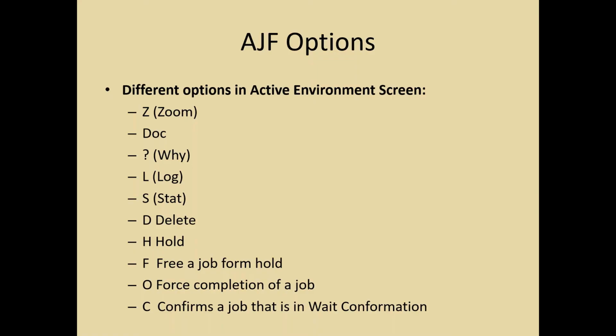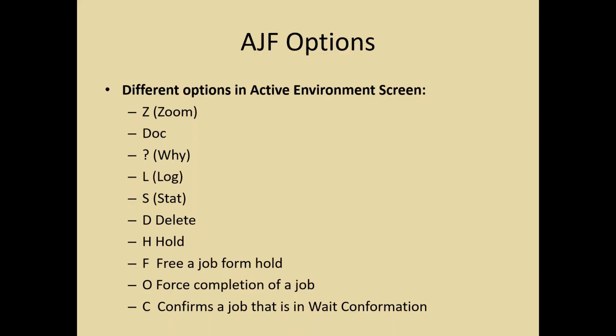Now what is force completing a job? Force completing is when your job has failed in your application cycle, you will give O in front of that job in option 3, which will make that job go into ended OK force completed status. The job status will change from ended not OK to ended OK force completed. Internally it will post the out conditions for all your dependent jobs.